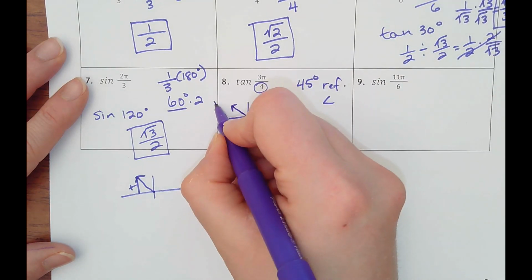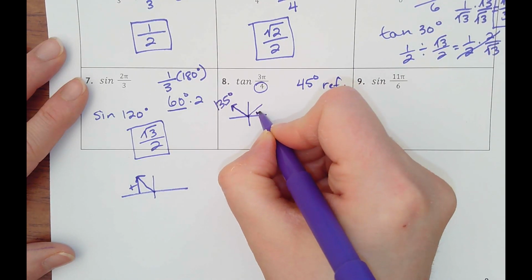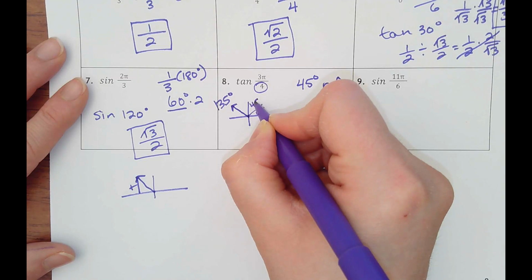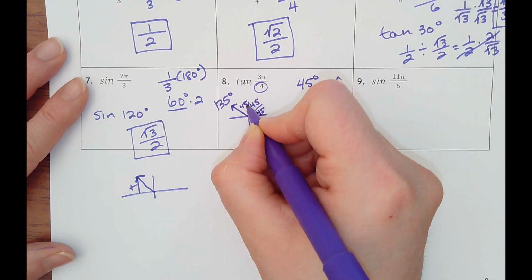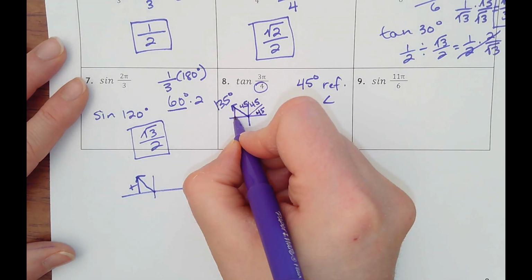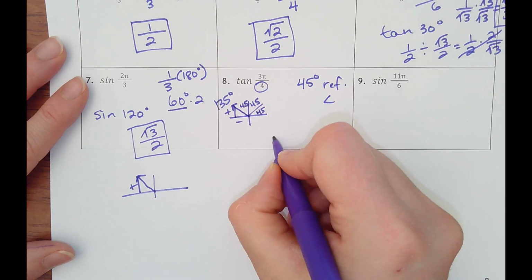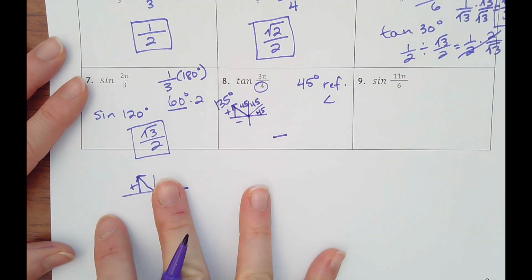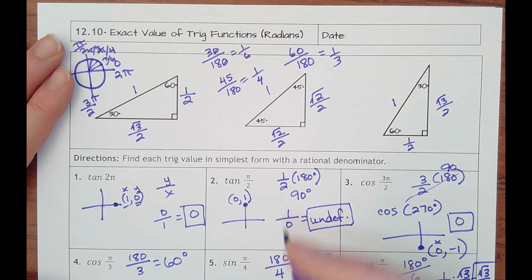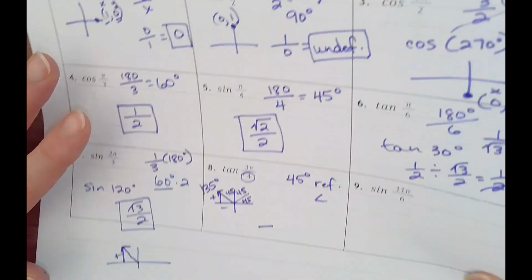That would be 135 degrees, because 45 would put me at 90, plus 45 be 135. And so tangent in this quadrant, since it's y divided by x, a positive divided by negative is going to be a negative. Tangent of my 45, think you're dividing this by itself, that would be a value of 1.